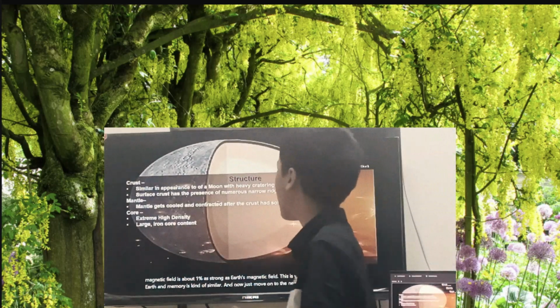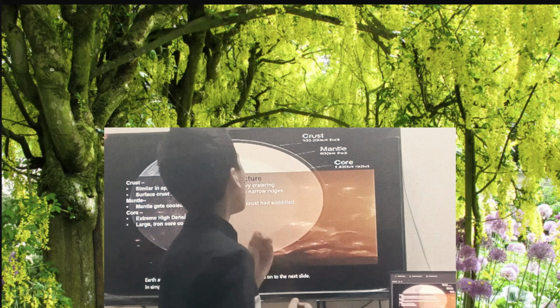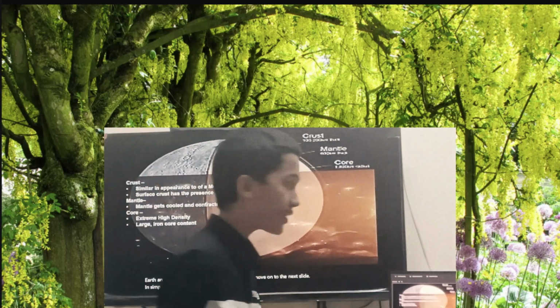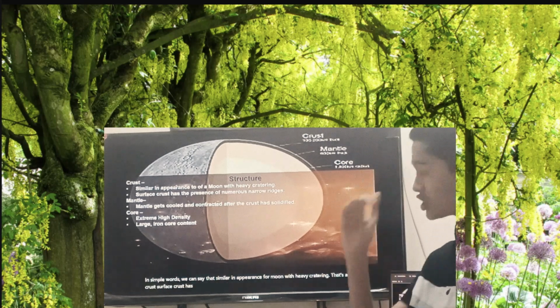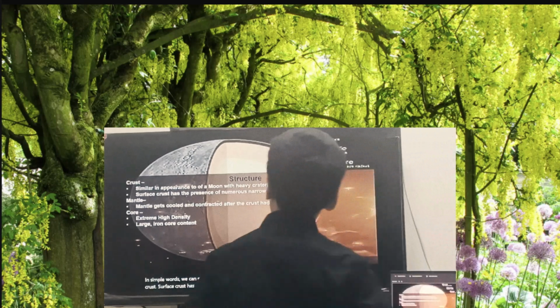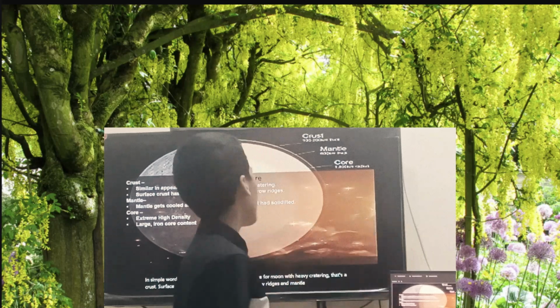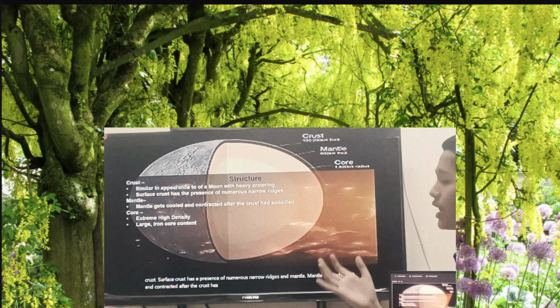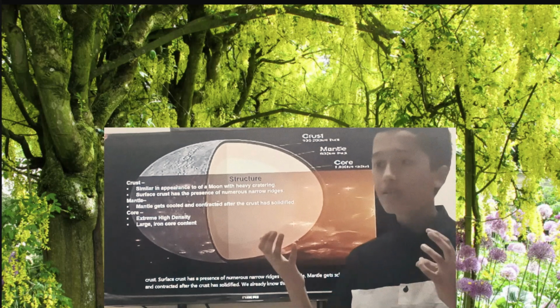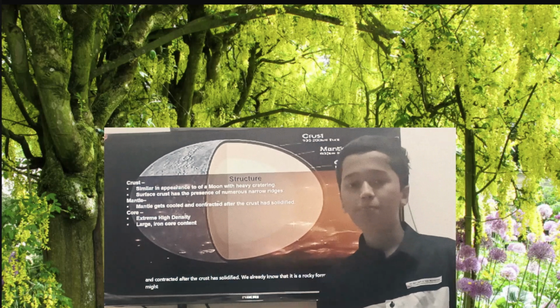In simple words, we can say that it is similar in appearance to a moon with heavy cratering, that's the crust. The surface crust has the presence of numerous narrow ridges. And mantle. The mantle gets cooled and contracted after the crust has solidified. We already know that it is a rocky formation. It might be cool, it might be hot, but it's not that hot.